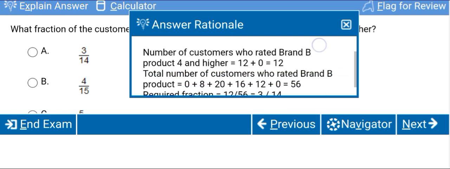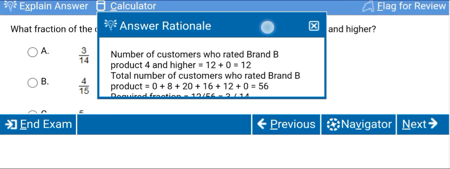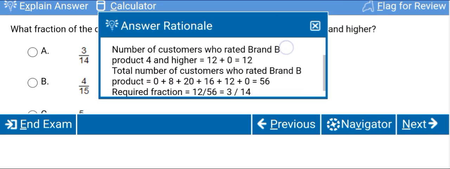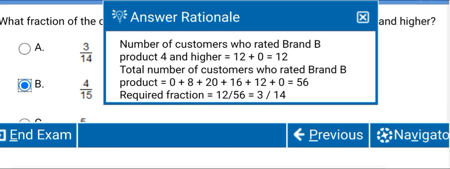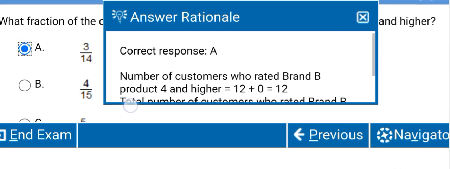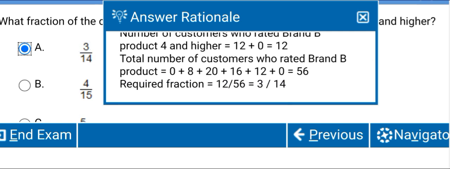As the number of customers who rated brand B product 4 and higher, 12 plus 0 equals 12. Total number of customers who rated brand B product equals 0 plus 8 plus 20 plus 16 plus 12 plus 0 equals 56.